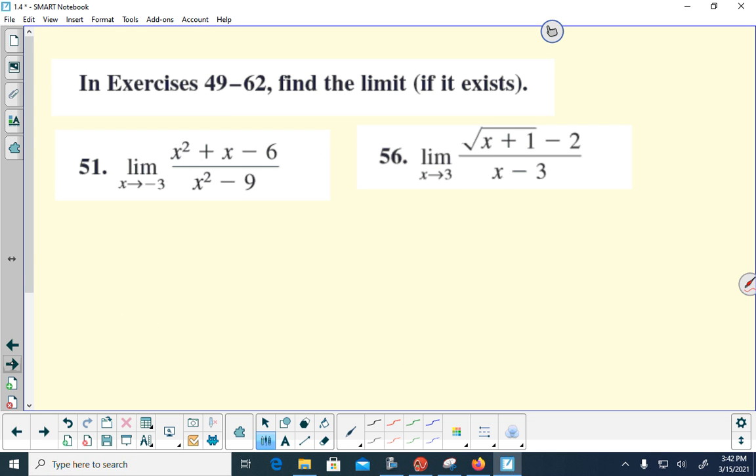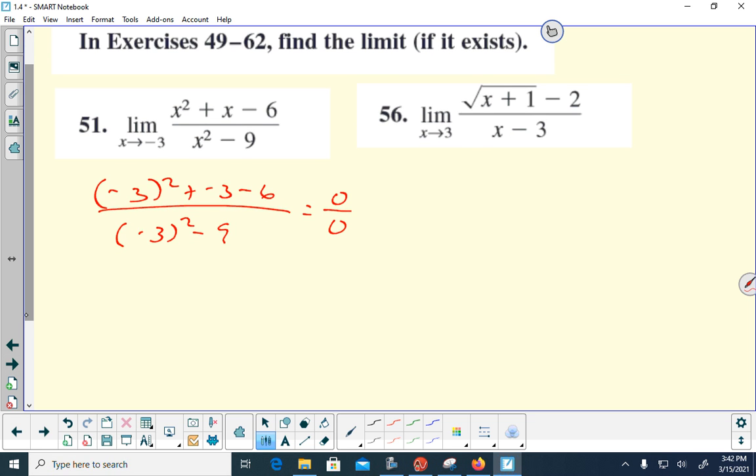Number 51, find the limit if it exists. If I first start putting in -3 squared plus -3 minus 6, I would get 0 over 0, which means something can simplify.